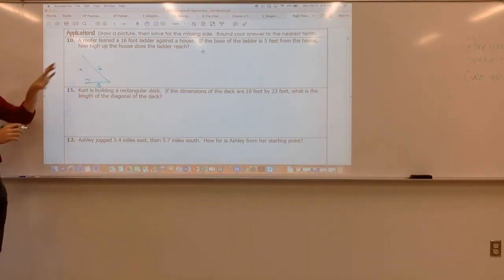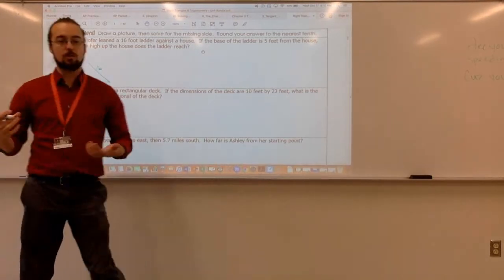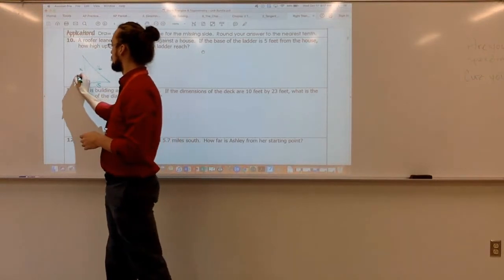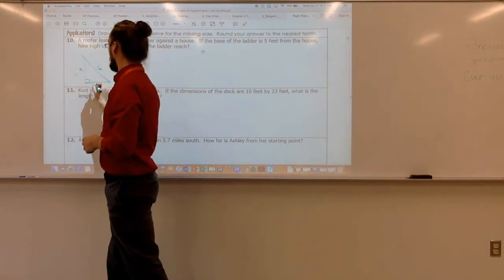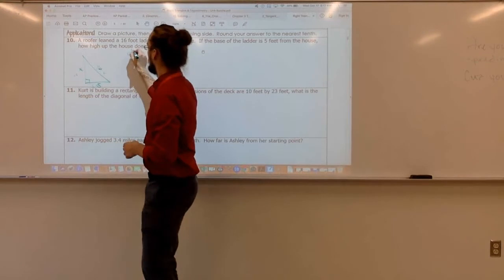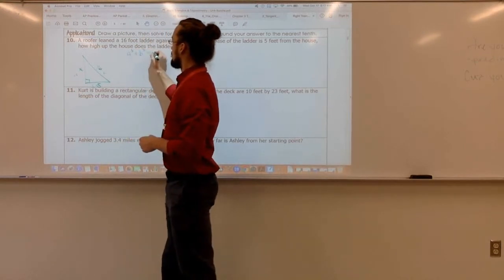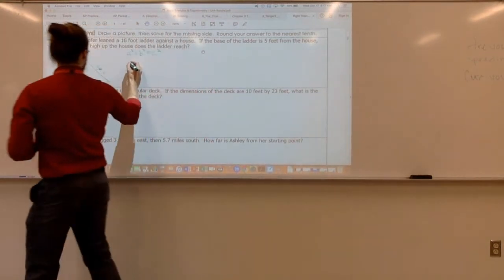Now that we have our triangle drawn, this is exactly what we've been doing. Now we're just going to use the Pythagorean theorem. So label A, B, and C. A squared plus B squared equals C squared.